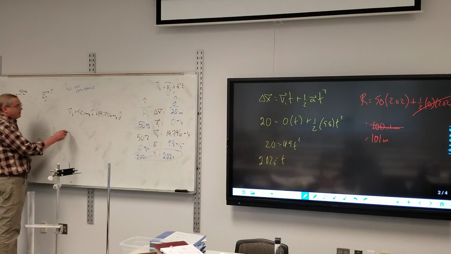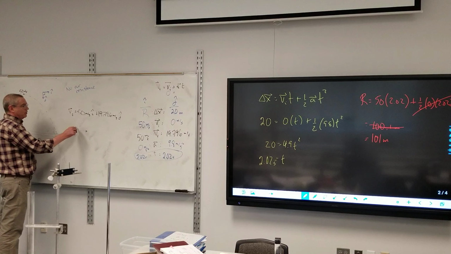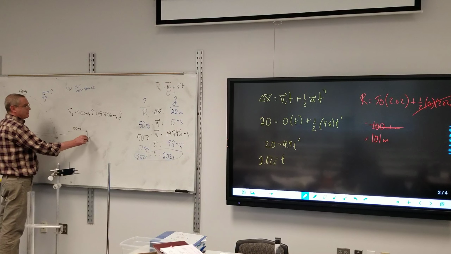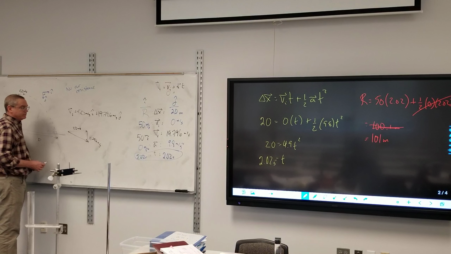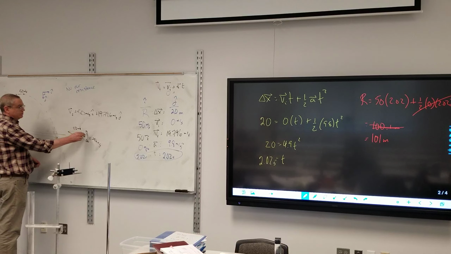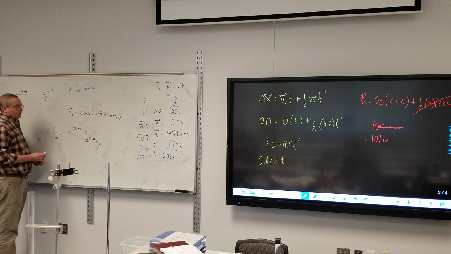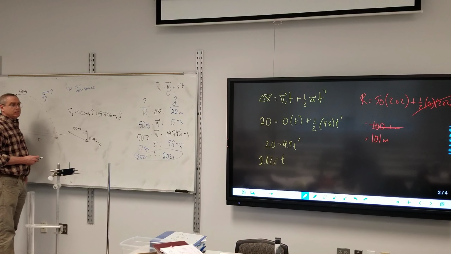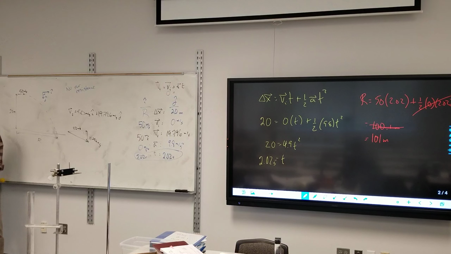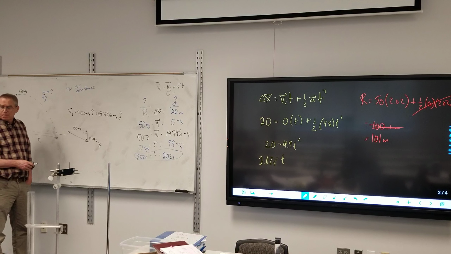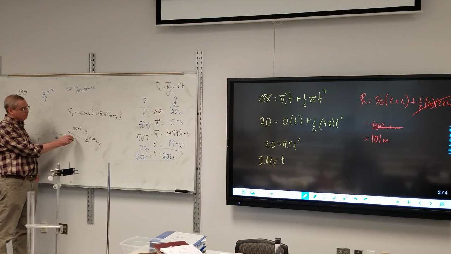Because I'm saying the final velocity is 50 meters per second this way, plus 19.796 meters per second that way, and so my speed is the hypotenuse. Is it really that simple to find the vector speed? Yeah, if you have it in rectangular form. All right, I'm getting 53.7762.